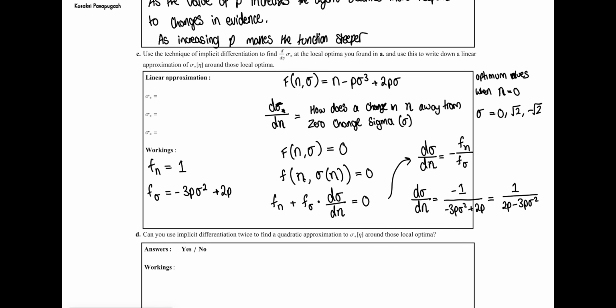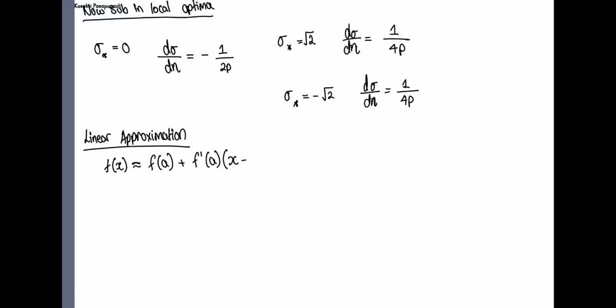The second part of the question is now use this to write down a linear approximation of the optimum values of sigma as a function of eta around these local optimum points. So linear approximation. The formula for linear approximation is f of x is approximately f of a plus f dash of a times x minus a.